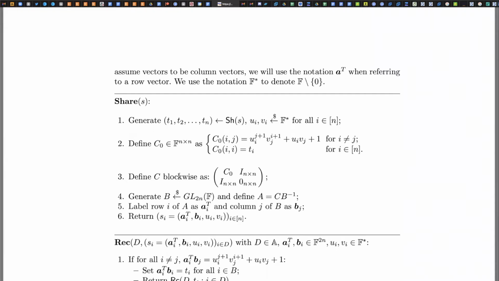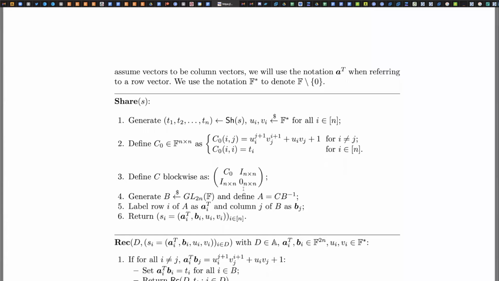So now you're going to define C, which is given by a block in the upper left quadrant. That's C0. This is going to be n by n, and then this is going to be the identity n by n, the identity n by n, and the 0 n by n.